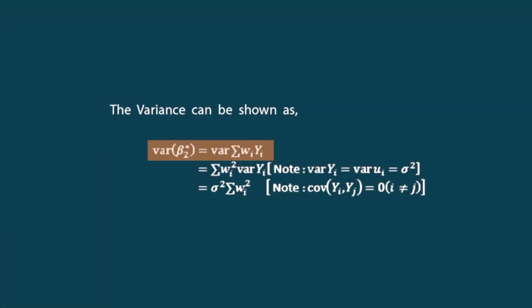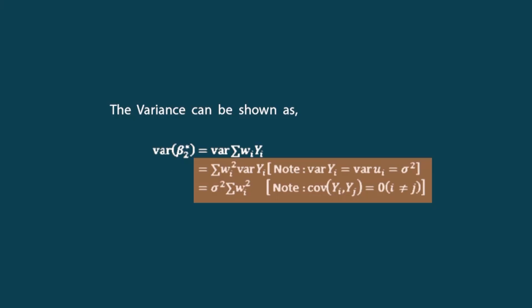When we call for the variance of beta 2 hat, basically we are taking the variance of summation of wi yi. Since we have written beta 2 hat as summation of wi yi, we are taking the variance of this entire expression. After that, we get summation of wi square, because once we take the variance and remove it while keeping the summation sign, wi takes a square form.